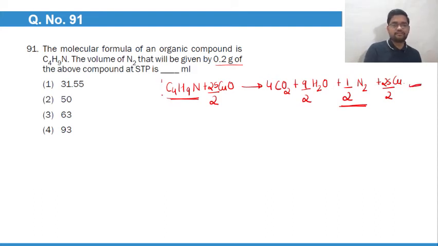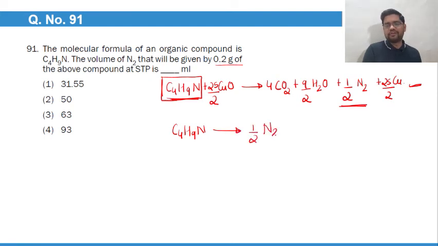If not, see, 1 mole of this compound will obviously give you half mole of nitrogen, because we do not disturb this organic compound. This molecular formula has been found, so we'll balance everything with respect to this. So obviously N will get converted to N2. That means 1 mole of this will give you half.